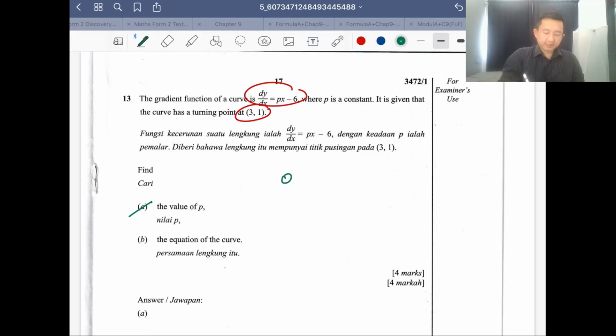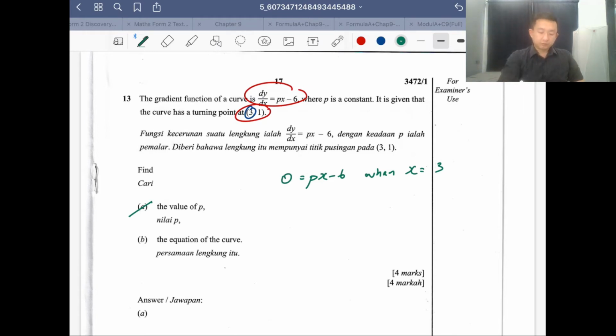So the gradient equals 0 when x equals 3. I repeat one more time. When you have the turning point, whether it is a maximum or minimum point, the gradient at the turning point is always equal to 0, a flat, horizontal line.